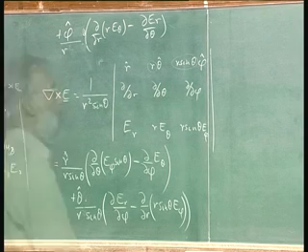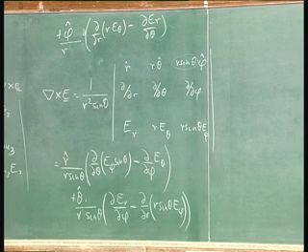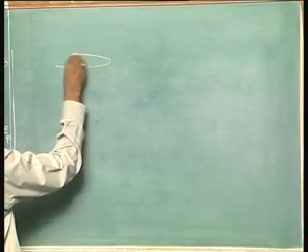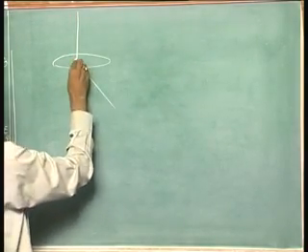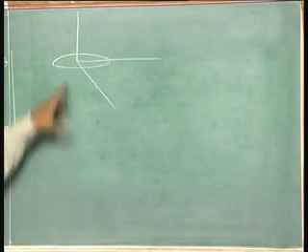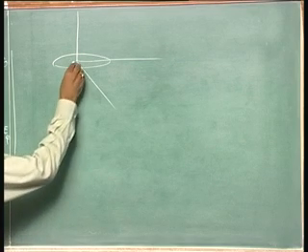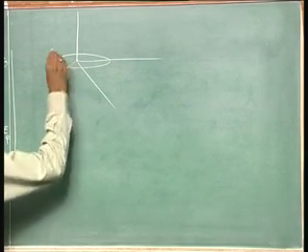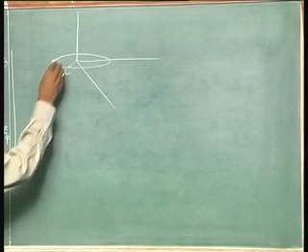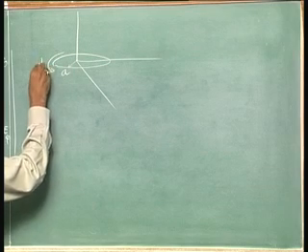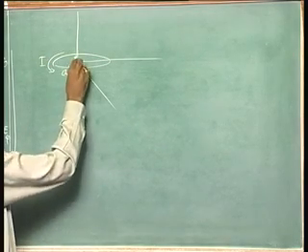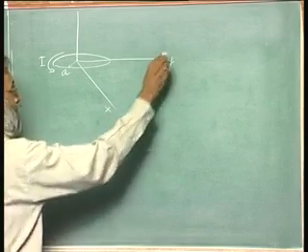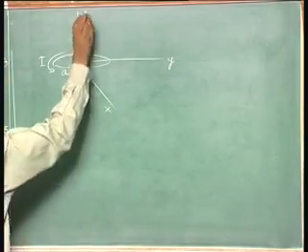Now, what we are going to do is take a loop, and I am going to put the loop in the origin. So, the center of the loop is at the origin. The loop has a radius a, and a current I flowing. This is the x axis, this is the y axis, and this is the z axis.